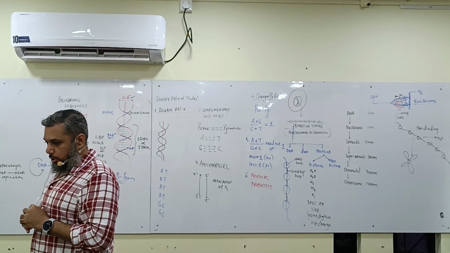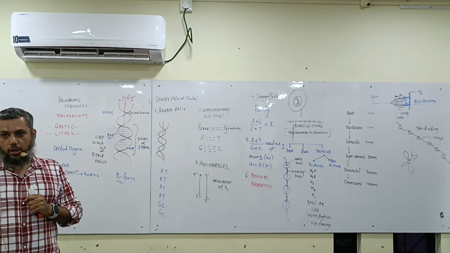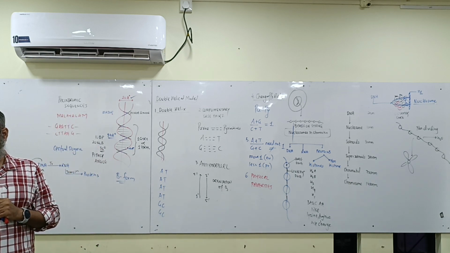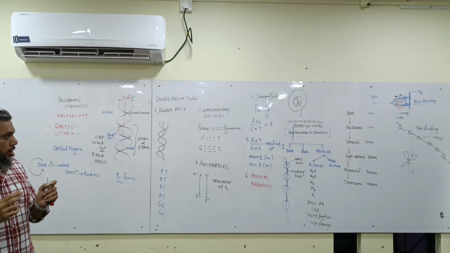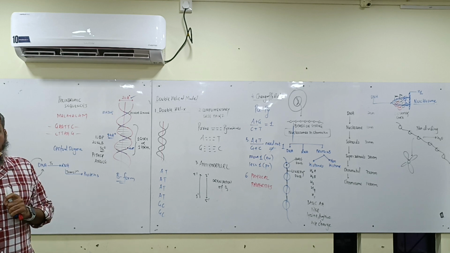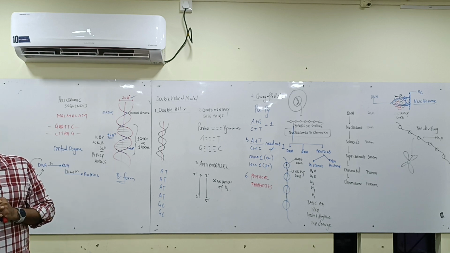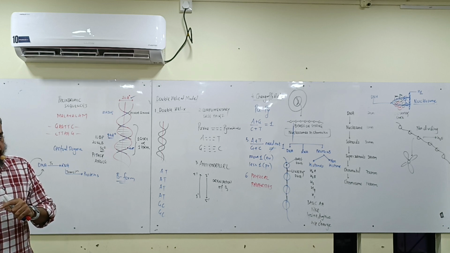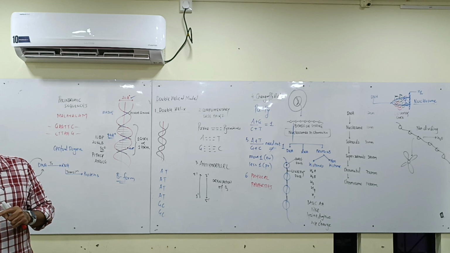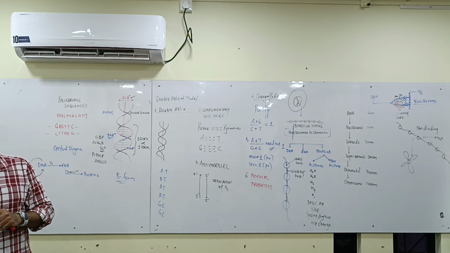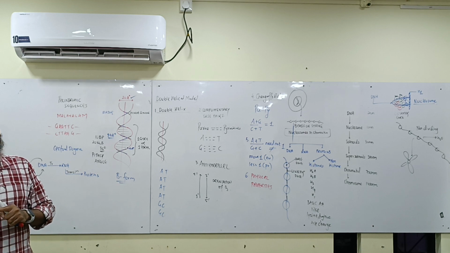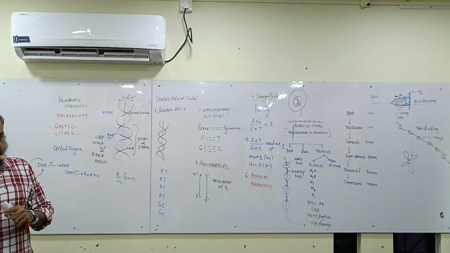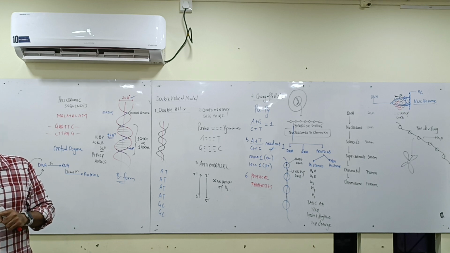We see the presence of a beads on string-like structure, and these are the nucleosomes in the chromatin, which is made up of DNA, RNA, and histone proteins and non-histone proteins. How many types of histones are there? H1, H2A, H2B, H3, H4.